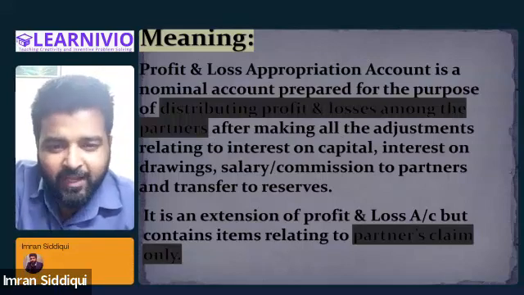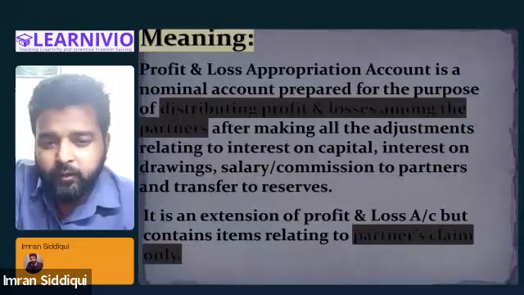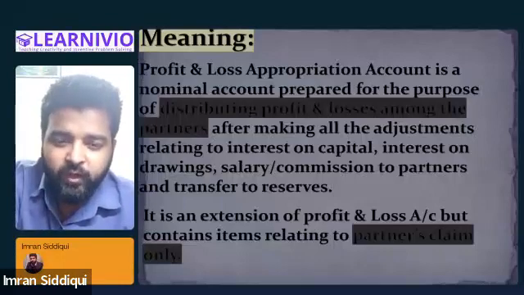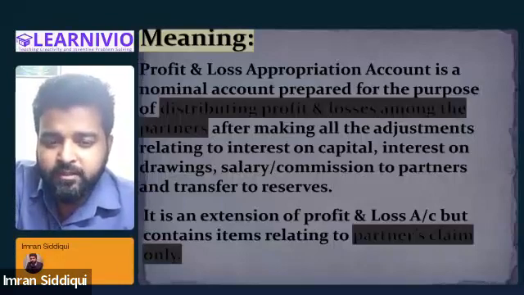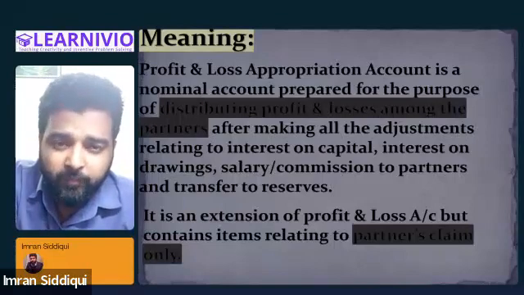As I was telling Ritika as well, the profit and loss appropriation account is similar to the profit and loss account. It is considered just an extension of the profit and loss account. The only difference is that the profit and loss account contains all the indirect income and expenses of a business.